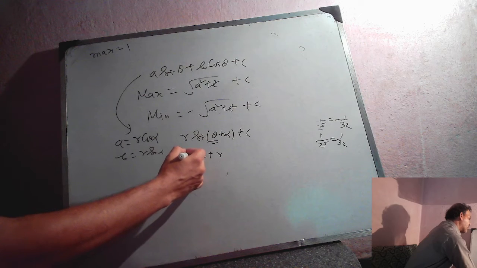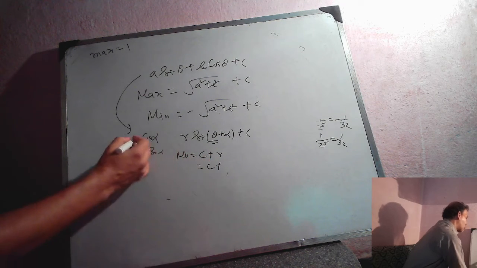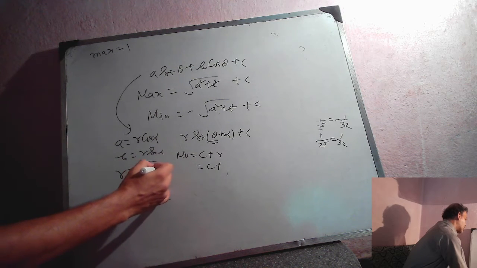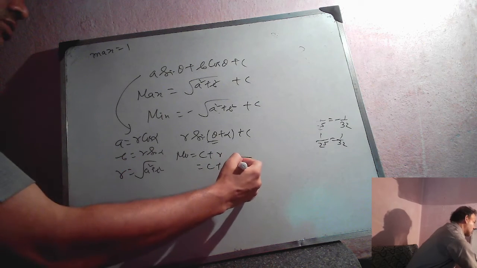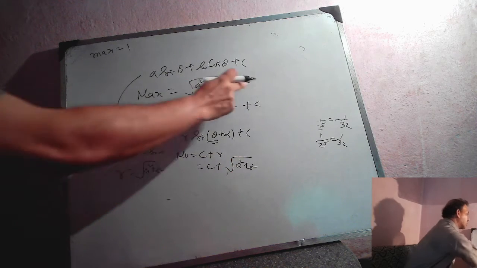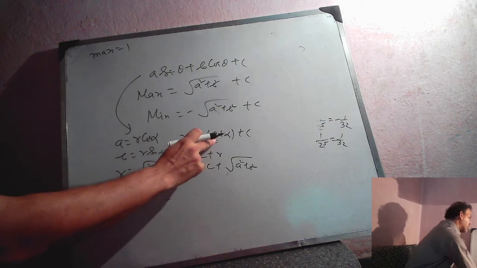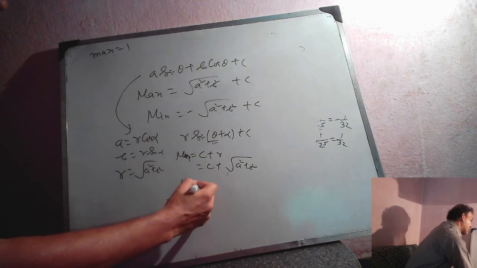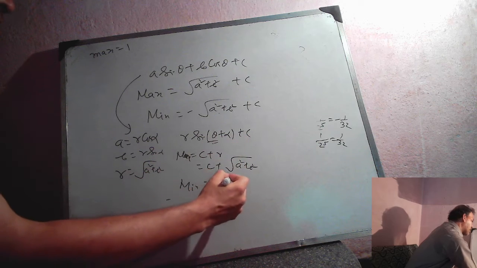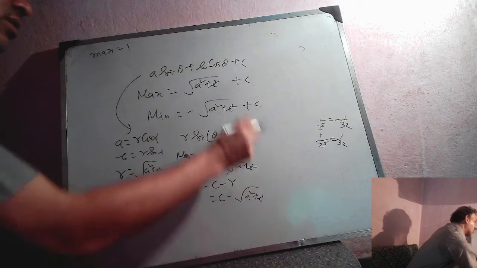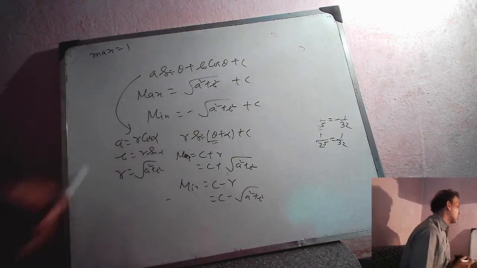Squaring and adding, we have r equal to under root a^2 plus b^2, so the maximum value is c plus under root a^2 plus b^2. Now the minimum of sin is minus 1, so the minimum will be c minus r, equal to c minus under root a^2 plus b^2. This is our desired result.